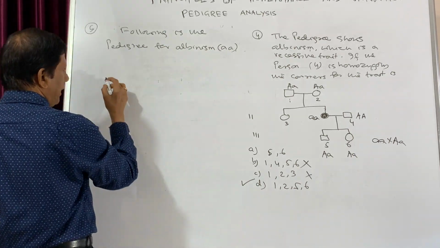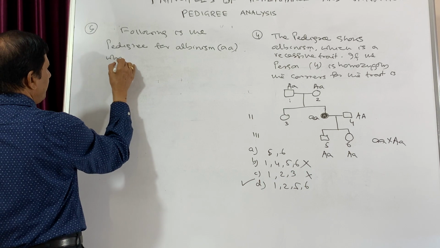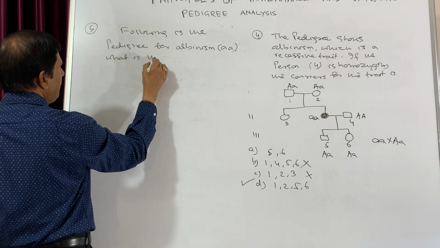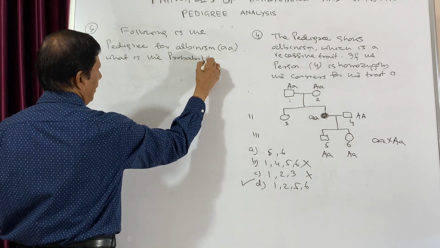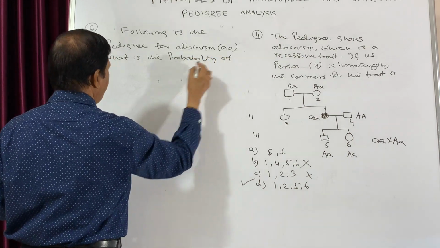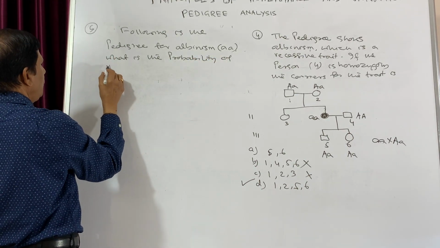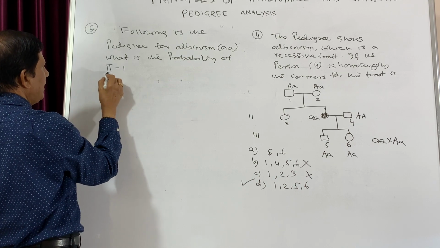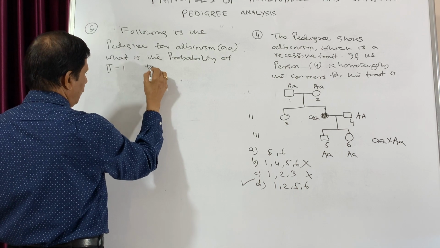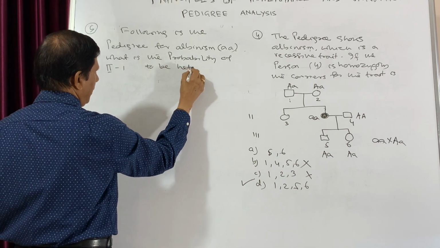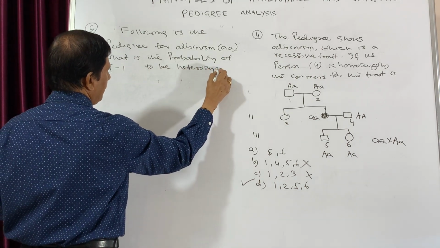Then, what is the probability of 2, 1, that means second generation, first person, to be heterozygous?